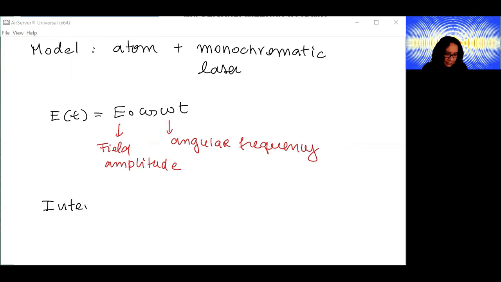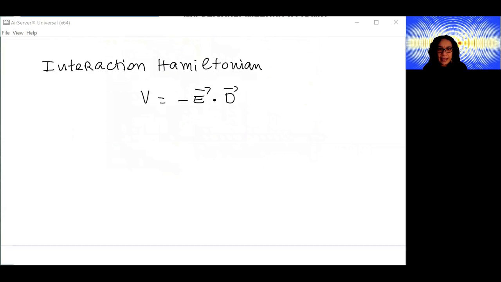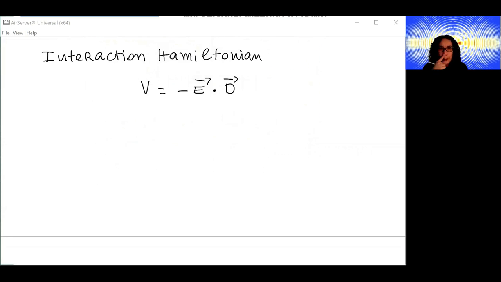We're going to write it as V equals minus E, scalar product with d, whereby d is the dipole moment, and our V then is an operator, okay? So our V is H-hat cos omega t, coming from the field.